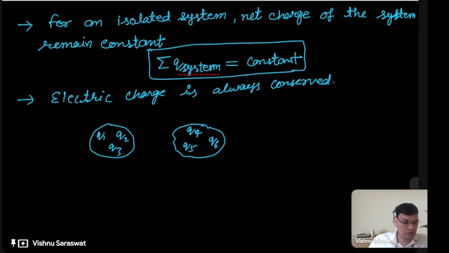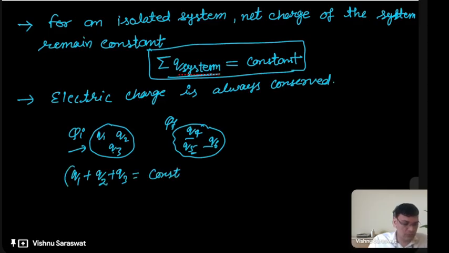So here is q initial, with charges q1, q2 and q3, and this is q final, that is q4, q5 and q6. The sum q1 plus q2 plus q3 is the summation of all the charges, and this is constant.